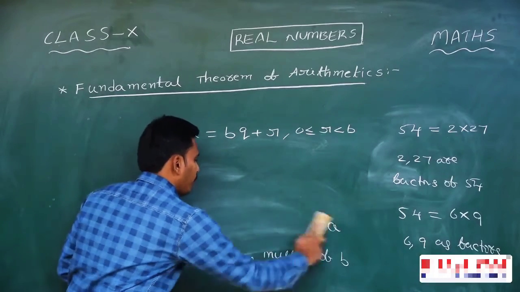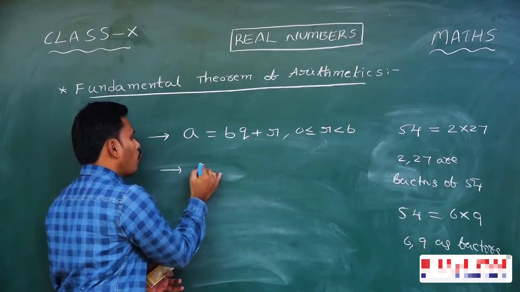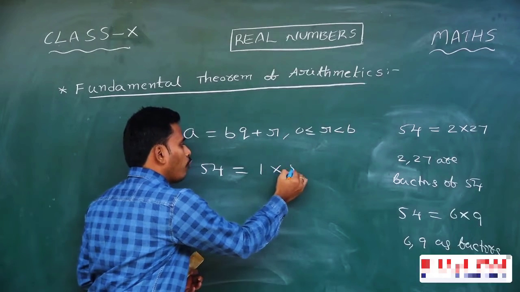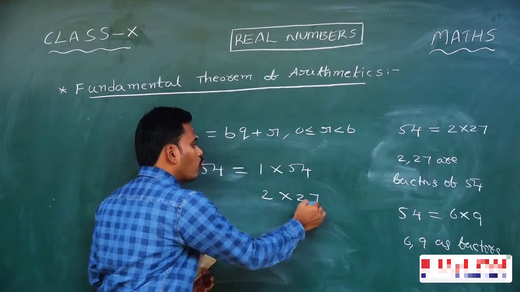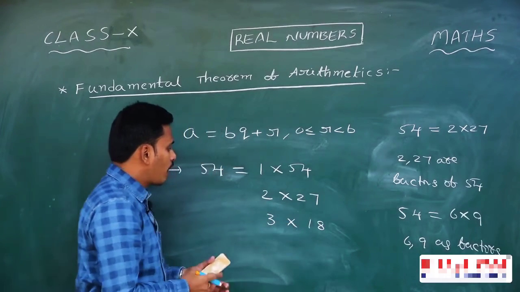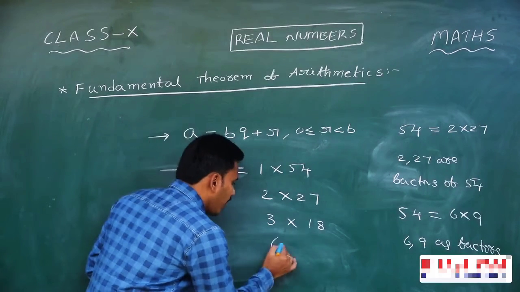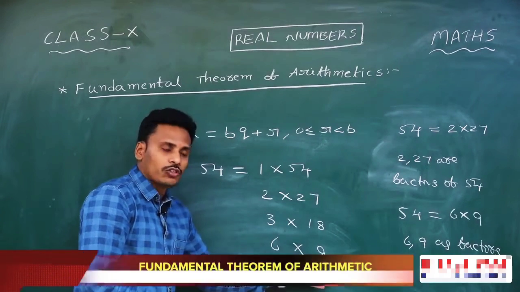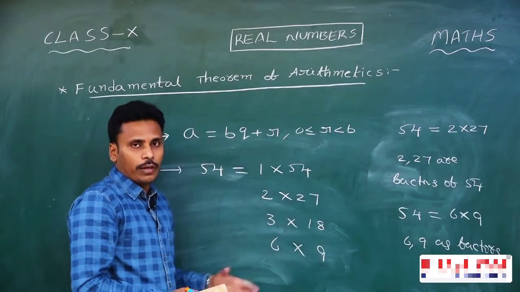I have 54 with me, and I can write this 54 as 1 into 54, or 2 into 27, or 3 into 18, and 4 is not a factor, 5 is not a factor, 6 into 9, and afterwards again 9 into 6, 18 into 3, and they are similar to these products of two numbers.